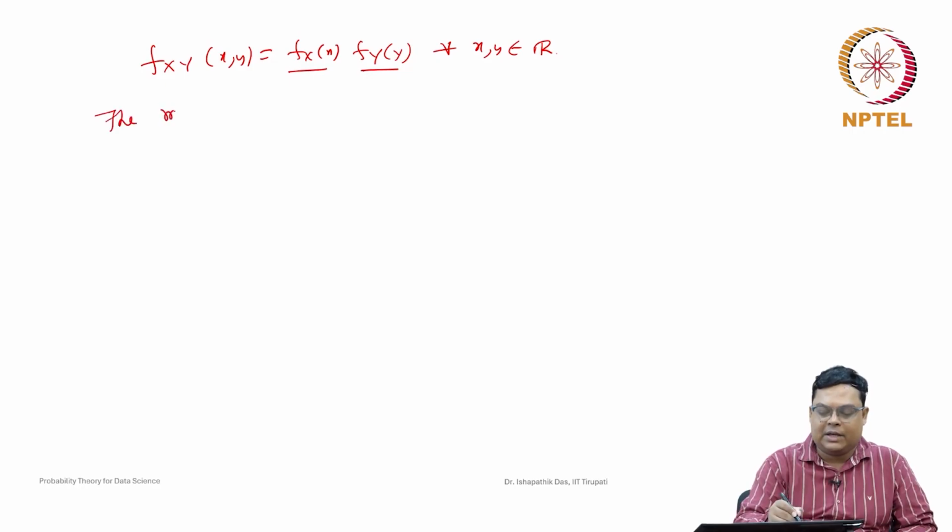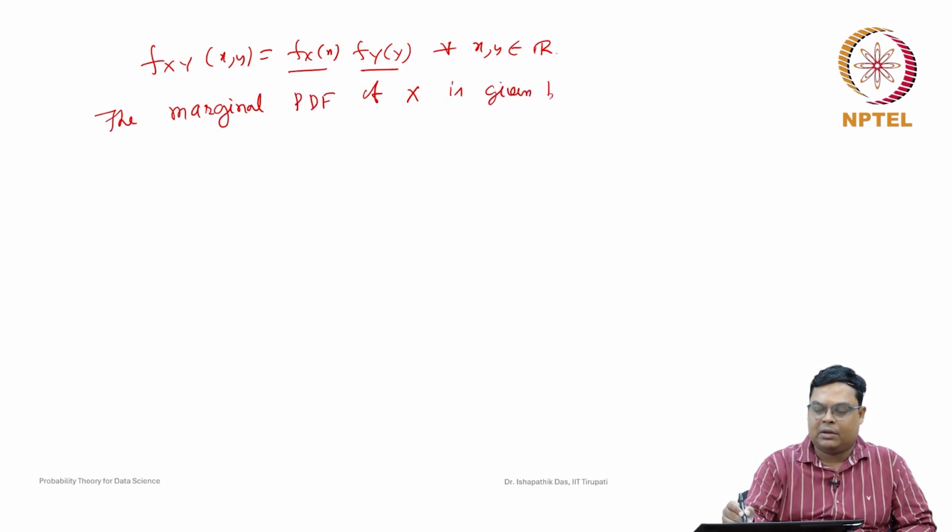The marginal probability density function of X is given by f_X(x), because we now know the joint probability density function.